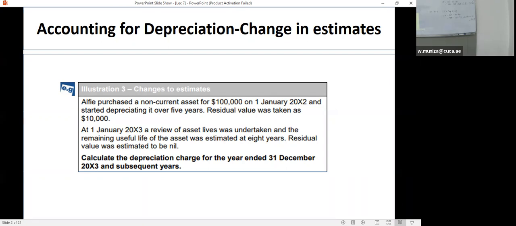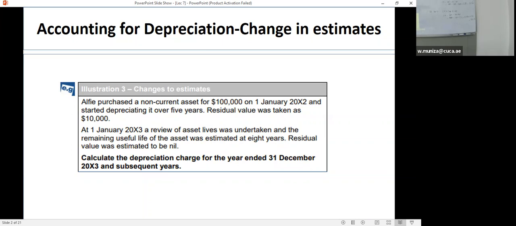But they say at 1st January 2003, a review of the asset's life was undertaken and the remaining useful life of the asset was estimated at 8 years. Now the new estimated useful life of the asset is how much? 8 years. Residual value was estimated to be nil. Now again we are going to calculate the depreciation, students. How much will it be? Let's see. At 31st December 2003, the same accounting entry is going to be passed. Debit depreciation expense account.